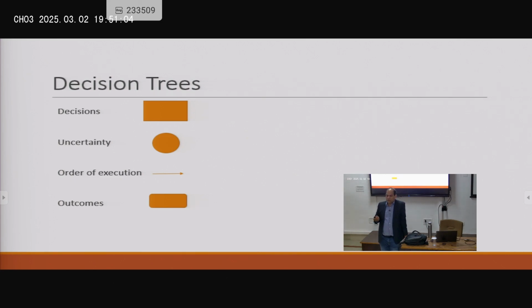Order of execution, what happens next, is shown with an arrow, and outcomes are shown with rounded rectangles. Sometimes people will just leave the outcomes as they are and not draw rounded rectangles, but generally that's the model that's followed.